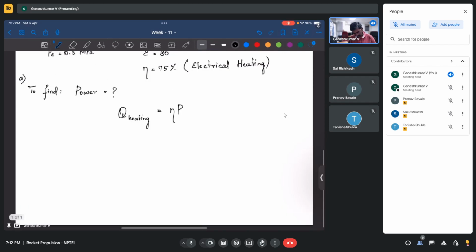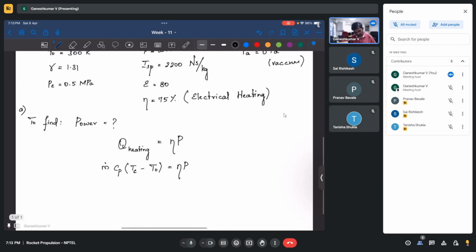But Q heating you can write as Cp times delta T, where delta T is the chamber temperature Tc minus T naught. Since we are talking in terms of power, we need to multiply by m dot. So m dot Cp delta T is equal to eta P. This is what we need to do.